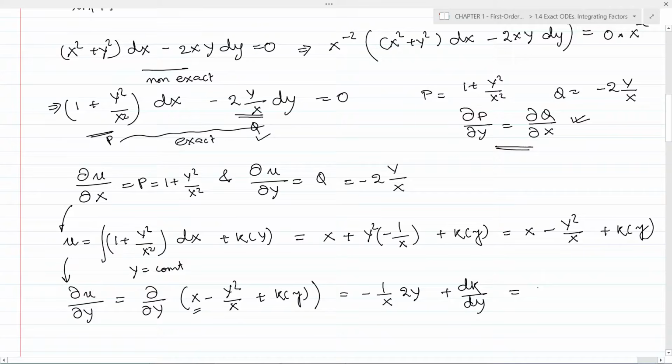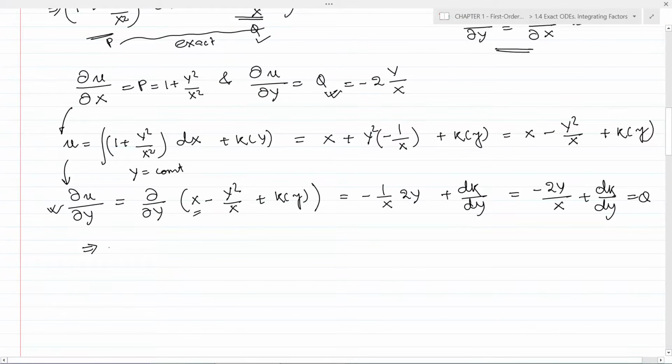This is equal to minus 2y by x plus dk by dy, and we know that del u by del y is equal to q. So, minus 2y by x plus dk by dy equals q, which is minus 2y by x.